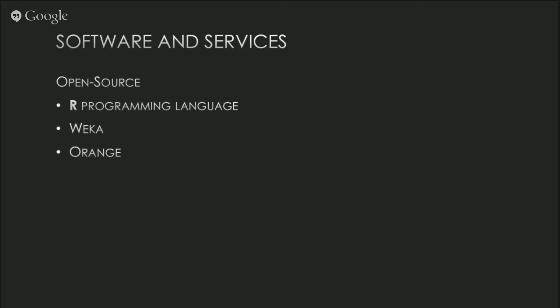So just briefly, I also want to touch on some of the software and services out there that you can start playing with, or you can learn about. So traditionally, there are some open source things that you can look at, and the R programming language has, I want to say, definitively become the de facto standard for doing machine learning and all the other statistical work.